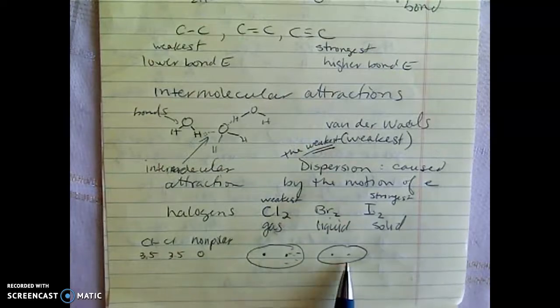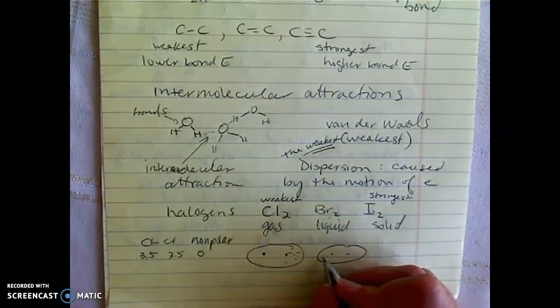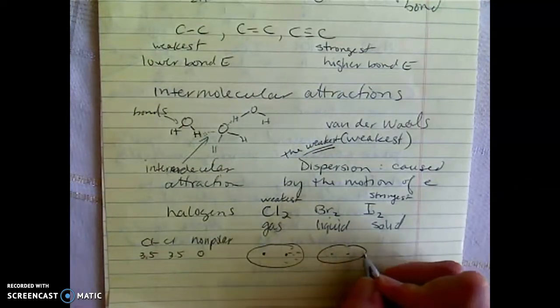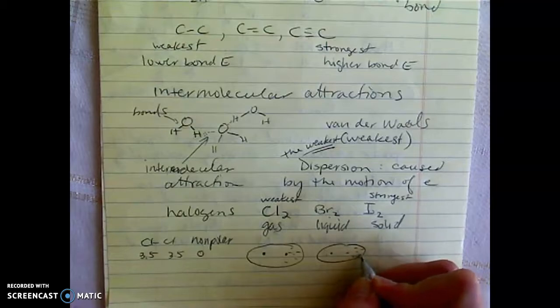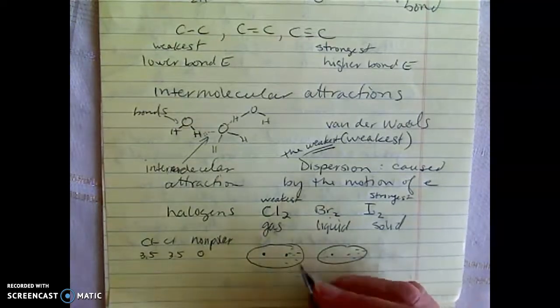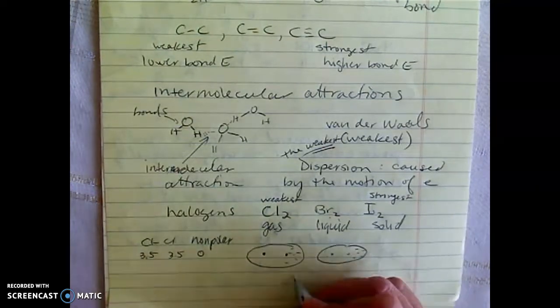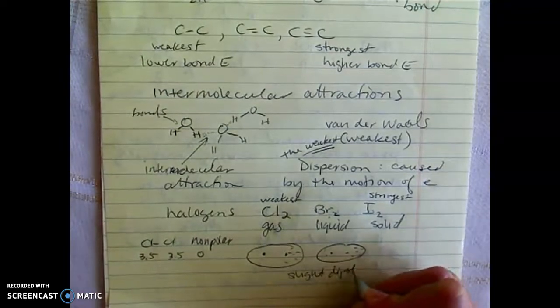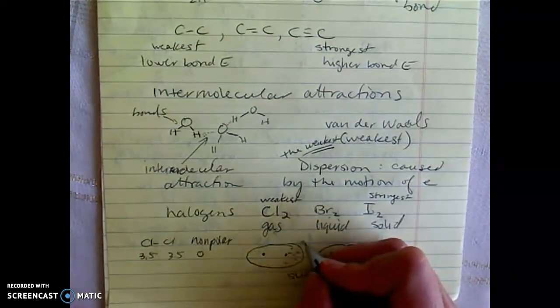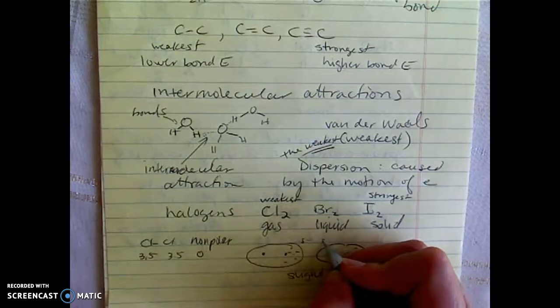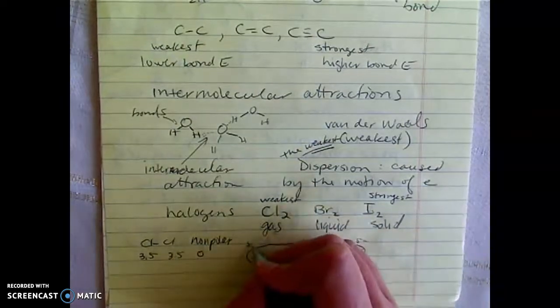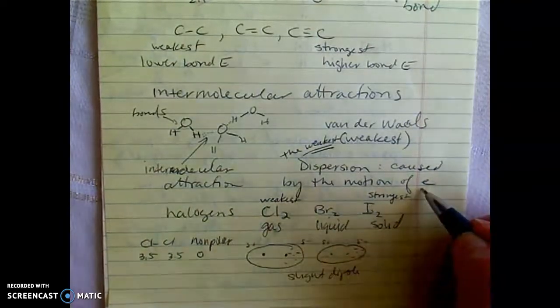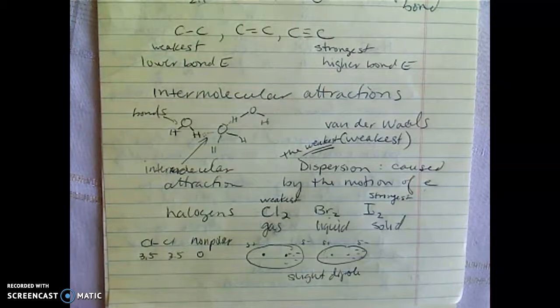And if it's close to this one, that's going to cause the electrons in this one to come to this end, kind of repel. And so this is what we call a slight dipole. You get, for a little bit, a slightly negative here and a slightly positive here, slightly negative, slightly positive, due to the motion of the electrons moving around. And that's what's going to bring them together.